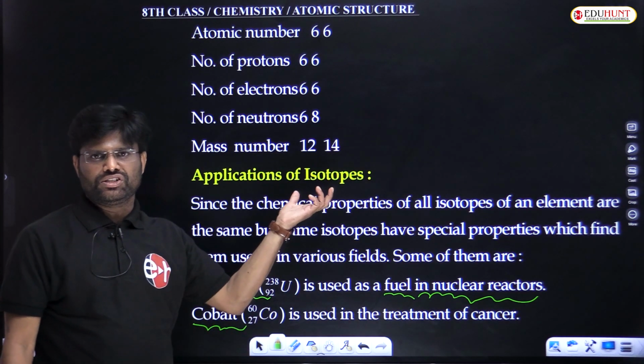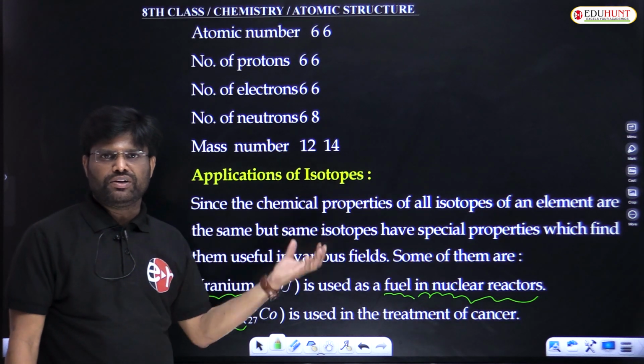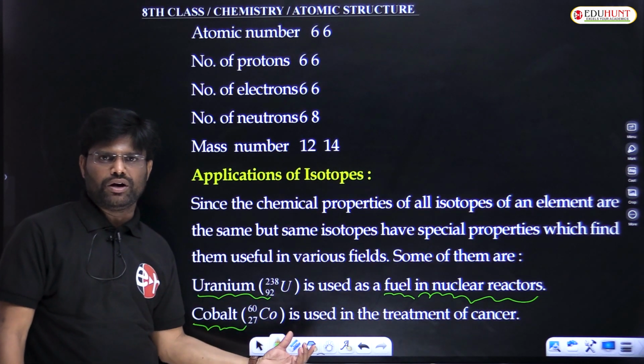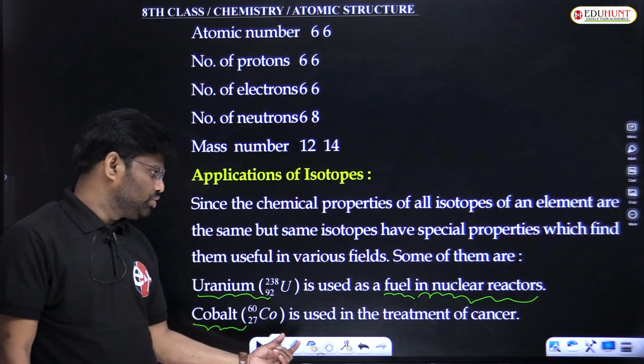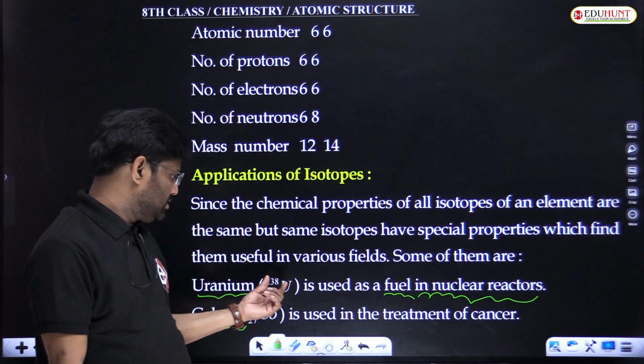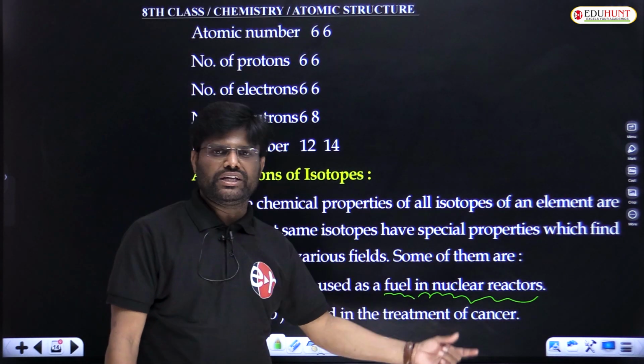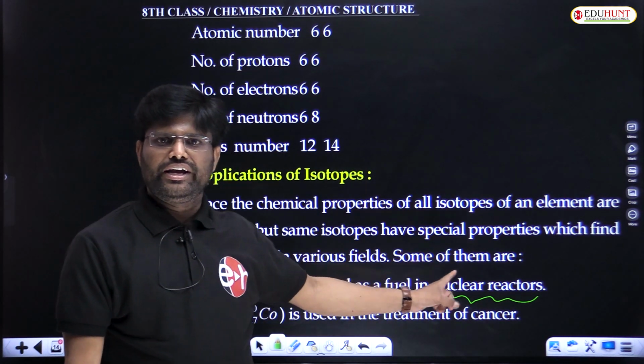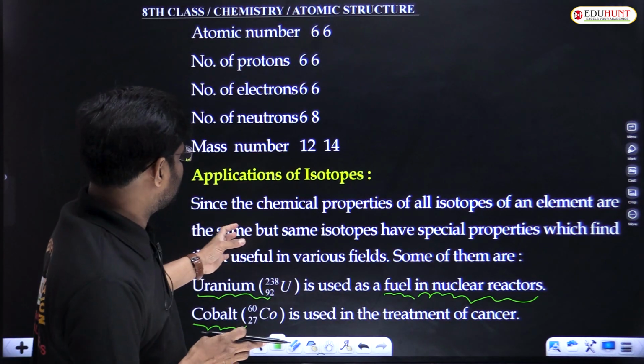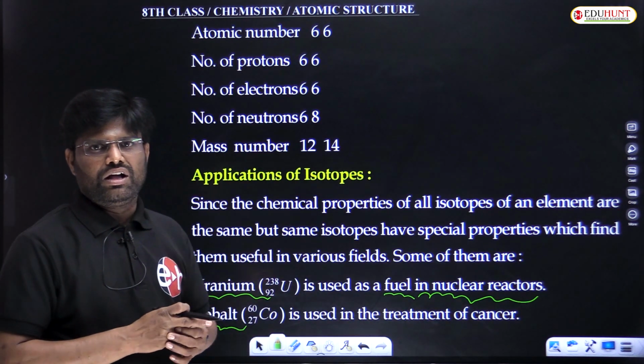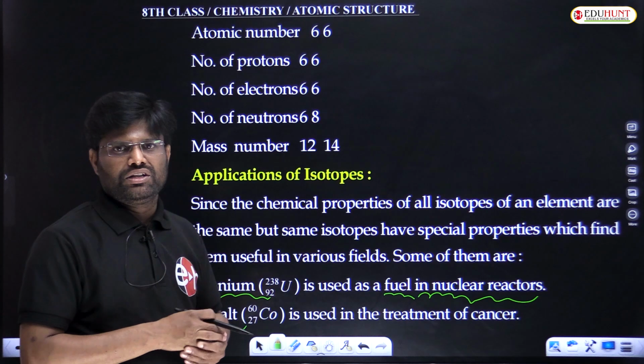These are the applications: first, uranium; second, cobalt. Cobalt is used in the treatment of cancer, and the uranium isotope is used as fuel in nuclear reactors. So this is about isotopes and their applications.